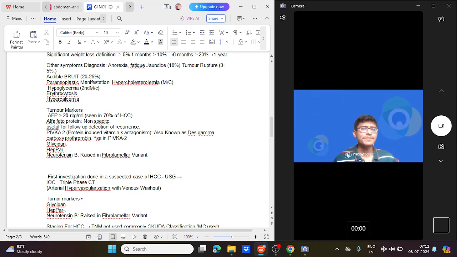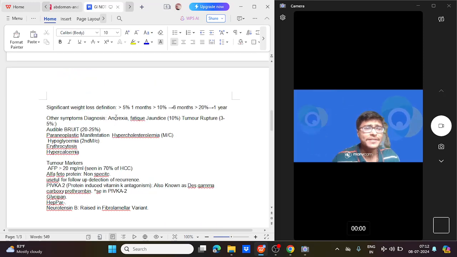These are AFP, which will be increased more than 20 nanogram per ml, seen in 70% of HCC. Alpha fetoprotein is non-specific but is useful for recurrence and follow-up. Then we have PIVKA-2, that is protein induced by vitamin K antagonism, also known as des-gamma carboxyprothrombin, and it is increased in HCC. Then we have glypican, HEPAR, and neurotensin, which is raised especially in the fibrolamellar variant.